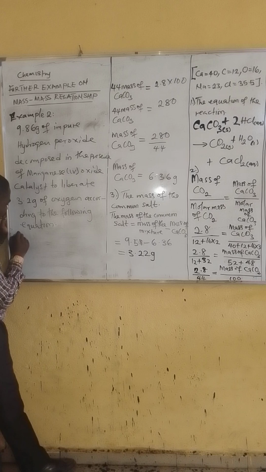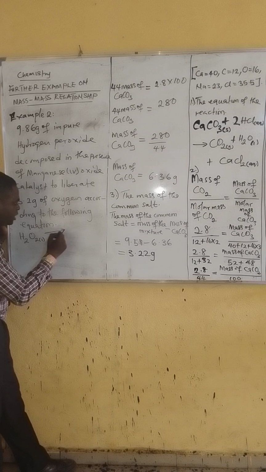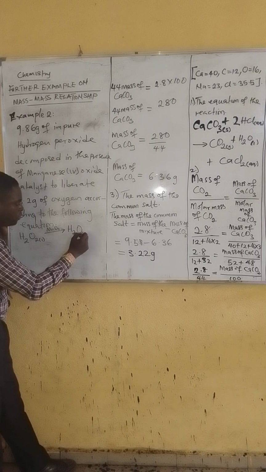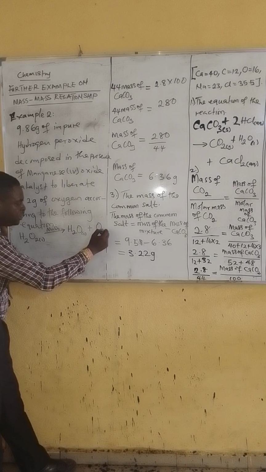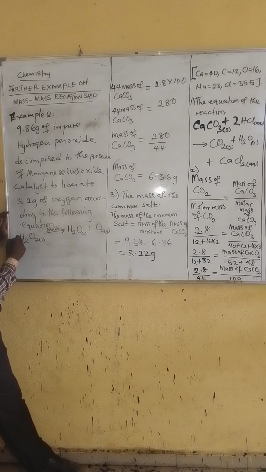The equation is hydrogen peroxide, H2O2, now thermally decomposed in the presence of manganese(IV) oxide to form water, H2O, and liberate oxygen gas. Now, is the equation balanced? No. So I need to put 2 here and put 2 here. So 2 times 2 is 4.